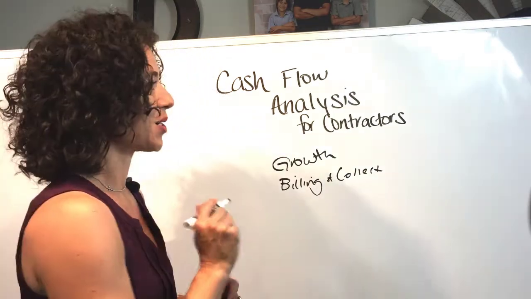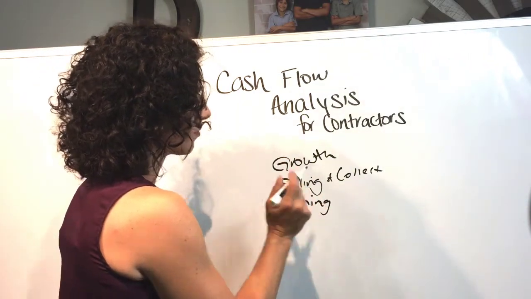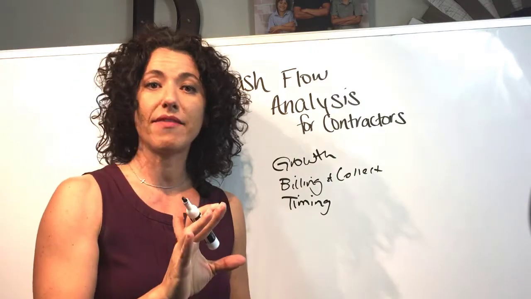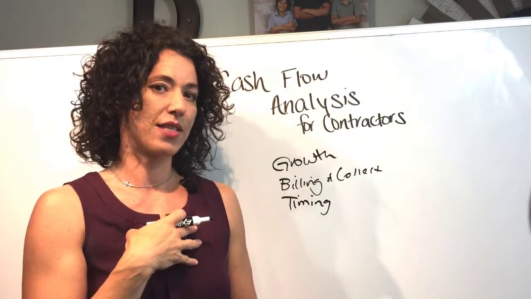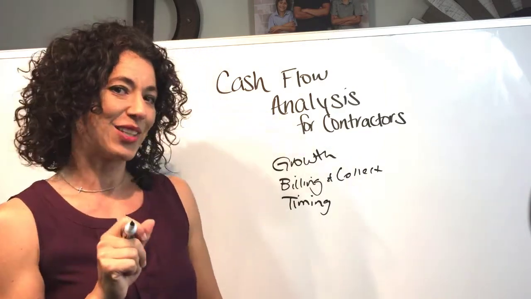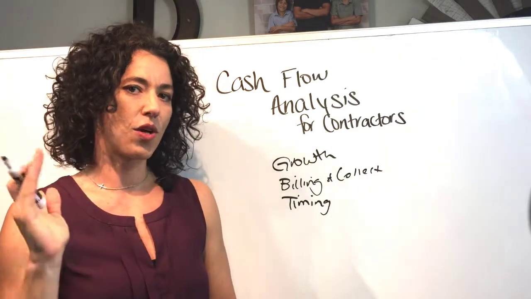Okay, the next one that we talked about in our problems was timing. So this is whenever you have a situation where you've paid a vendor, but you haven't collected the money from your customer. So how would you know if you have this one? This one sometimes is a little tricky, but you really would have to look at the series of cash flows on a job.